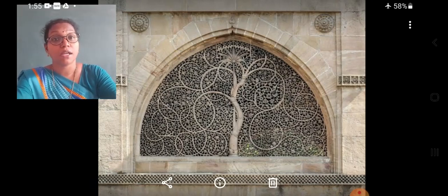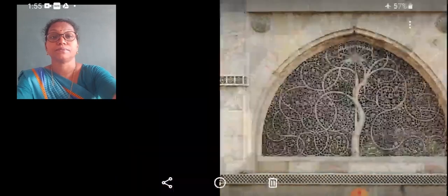Calligraphy was developed during that time. We can see calligraphy in different later medieval buildings in which the verses from the Quran were carved on the walls or the roofs or on the entrance gates of the buildings.